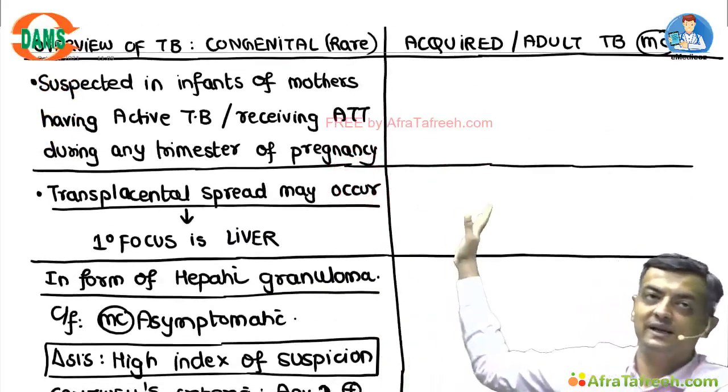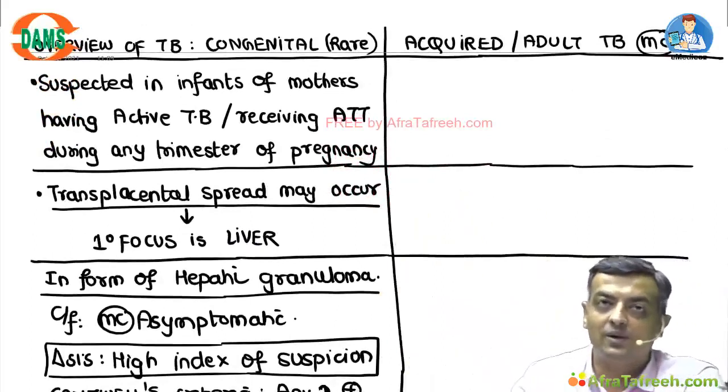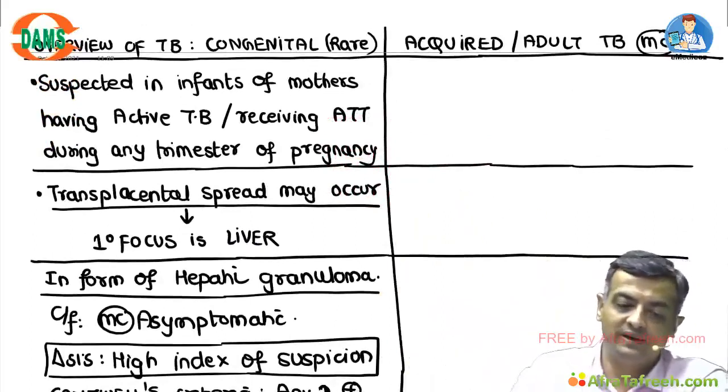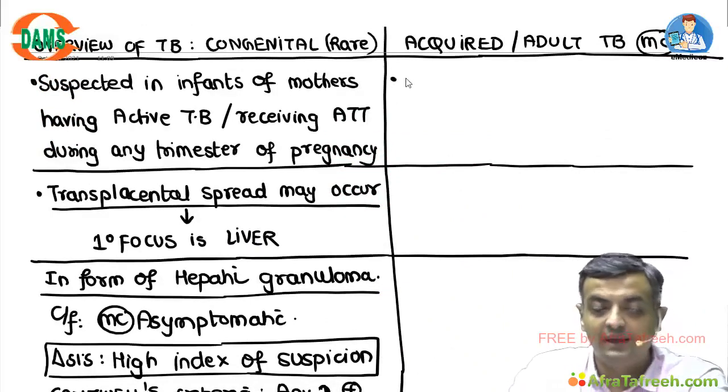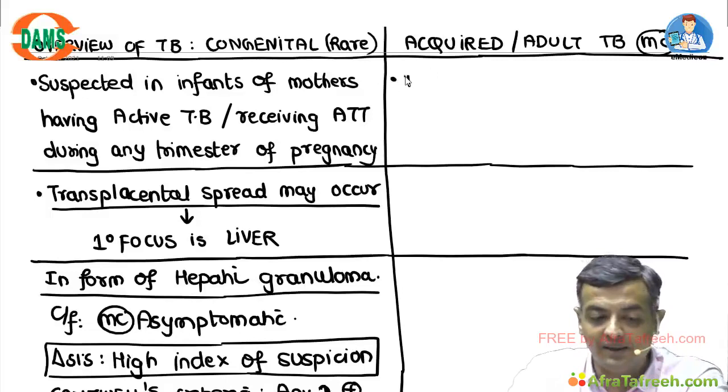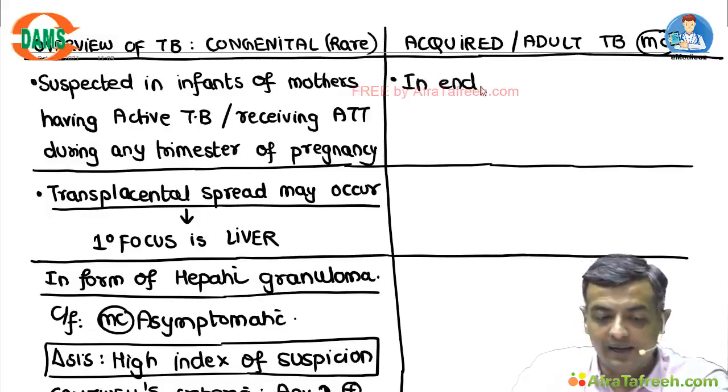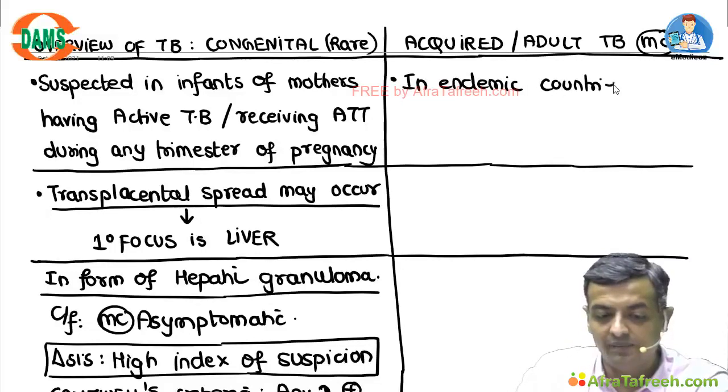Come to the other side. How active or acquired TB is different. Acquired TB is different. How does it spread? India is an endemic country. In endemic countries like ours, what can happen?